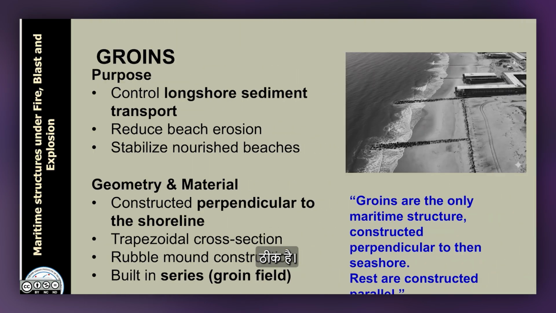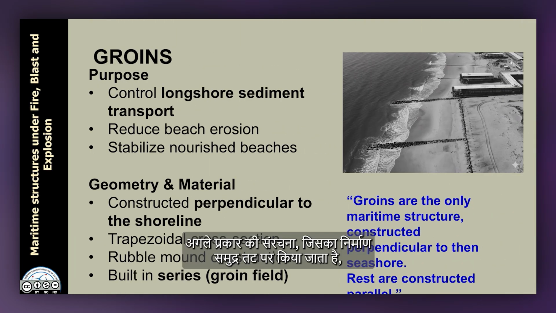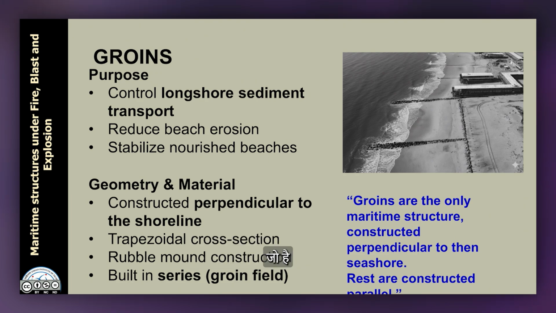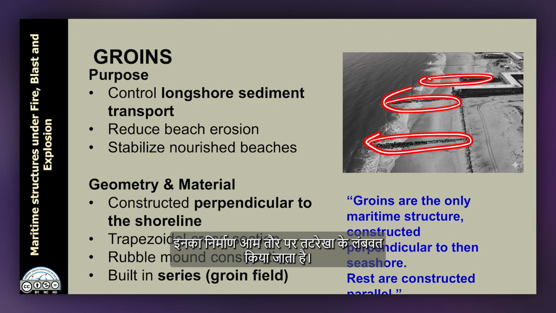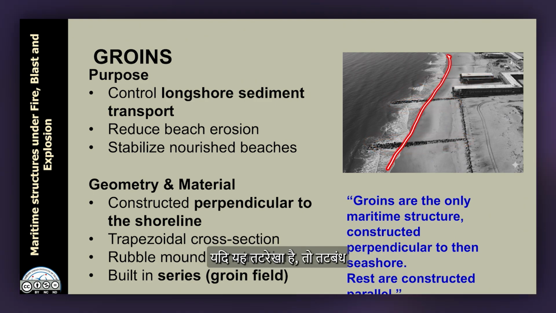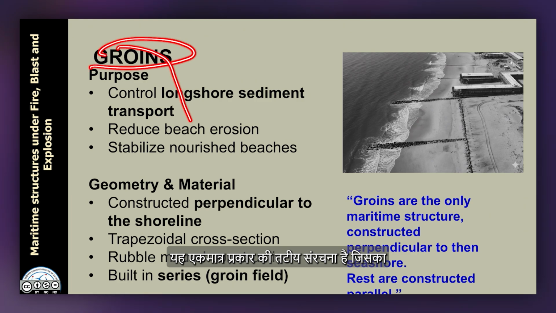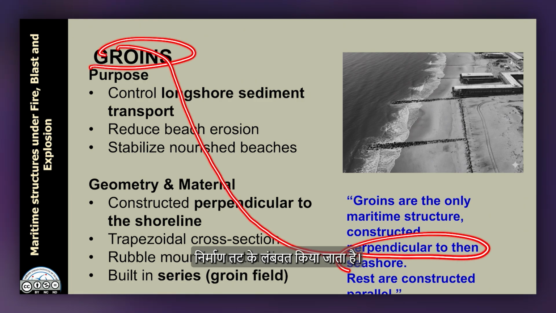The next type of structure constructed on the coastline is groins. Groins, what you see here, are generally constructed perpendicular to the coastline. If this is the coastline, groins are normal, perpendicular. Possibly, friends, this is the only type of coastal structure constructed perpendicular to the shore.